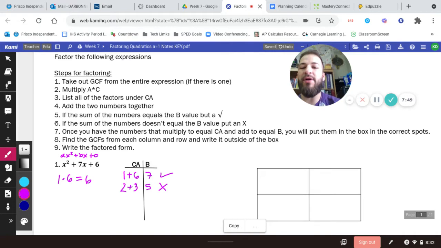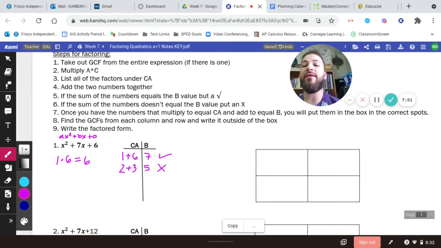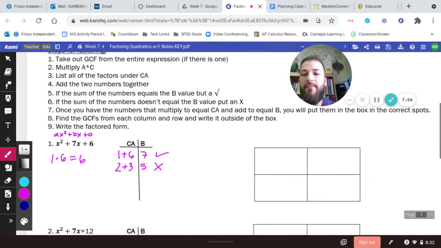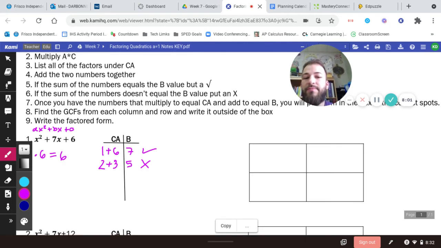Okay, so this is the key part. This is how we take our CAB method and move it over to the box method. If you remember, our box method is how we multiply binomials, do our double distribution. So now we're using the box method to go the other way.